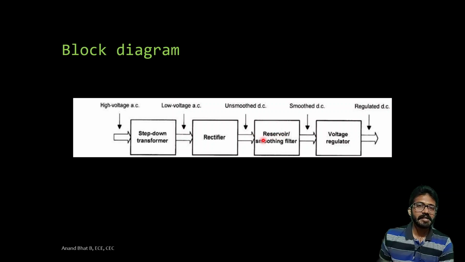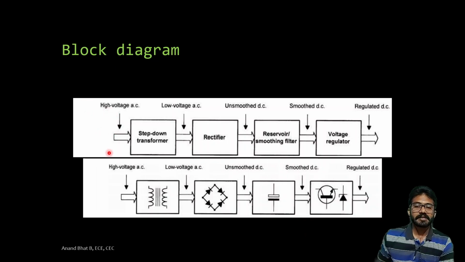But still, we will not be happy with the output we get. Even though this is a smooth DC, there will be ripples in the output, and these ripples will be further nullified by a circuit called a voltage regulator, and thus we make an attempt to get a regulated, fine and smooth DC from the high voltage sinusoidal AC.